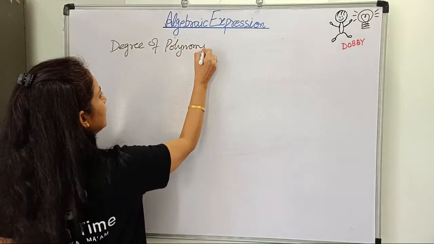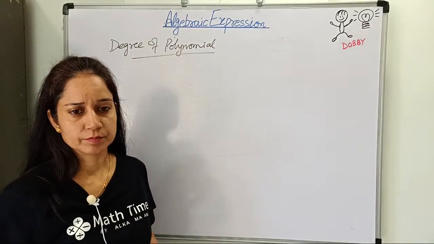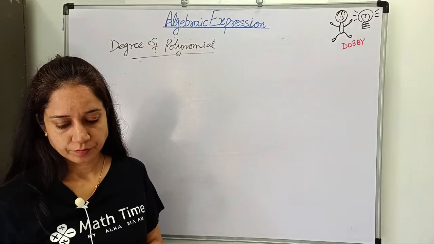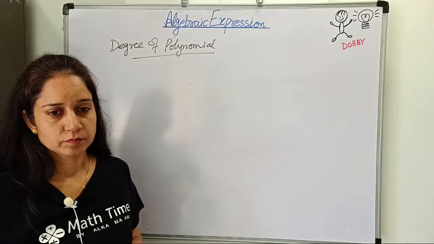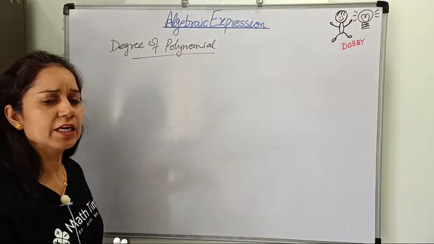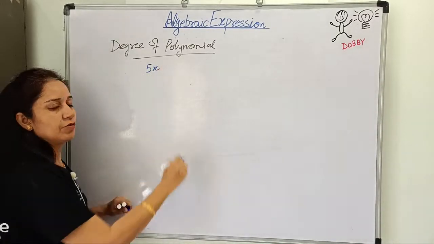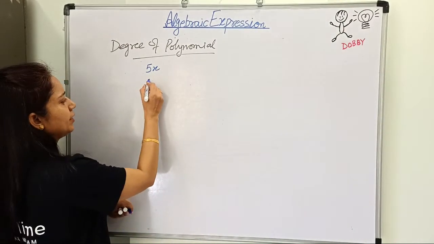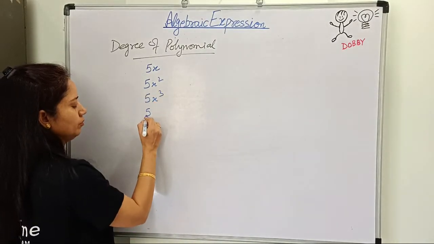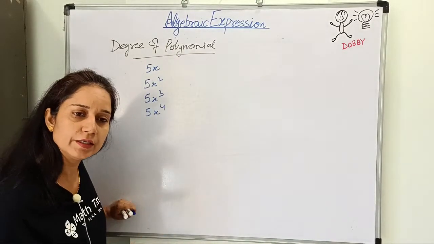Heading, everyone. The next topic is degree of polynomial. It is very interesting. See, I am taking a very easy example. If you have an expression 5x, a second expression 5x square, 5x cube, 5x raised to the power 4, all are monomials, single terms.